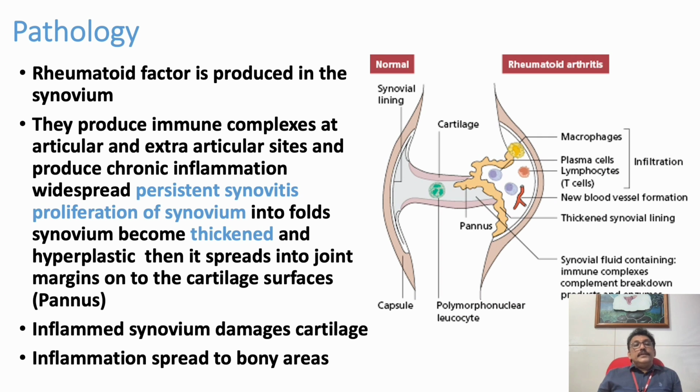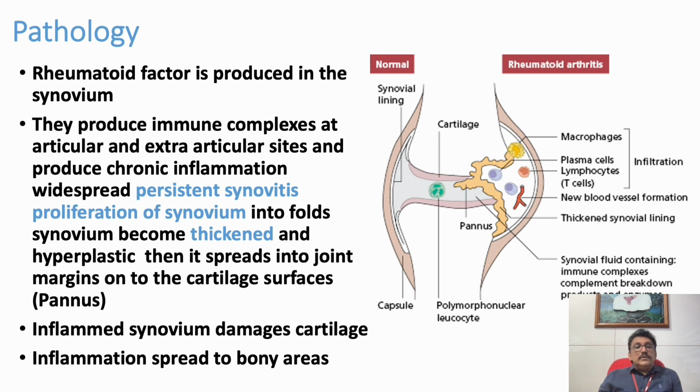So here what you are seeing is an immune complex producing destruction in the articular sites. They produce chronic inflammation, persistent synovitis, proliferation of synovium into folds, and ultimately it will become thickened and hyperplastic.